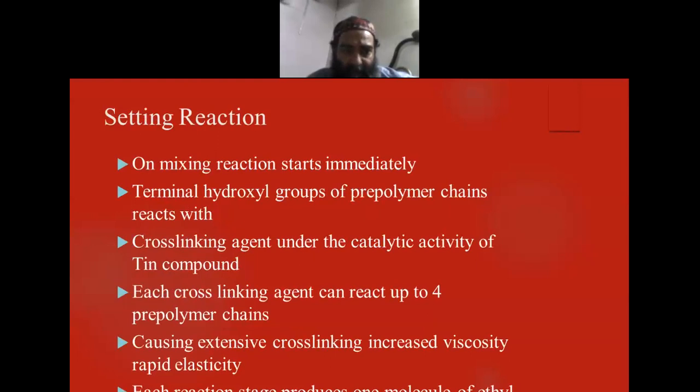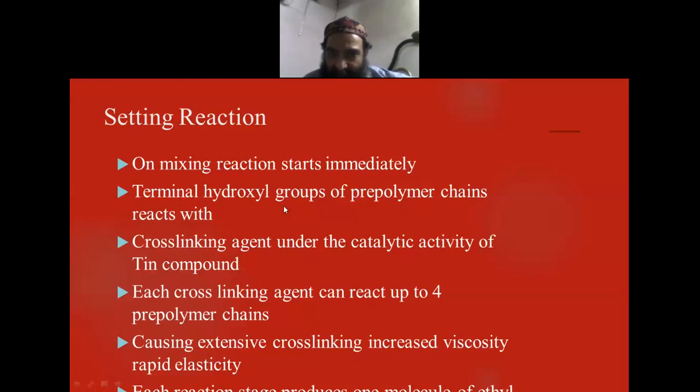Now, setting reaction. On mixing, the reaction starts immediately, like polyether and polysulfides. Again, the terminal hydroxyl group of the prepolymer chain reacts with each other.